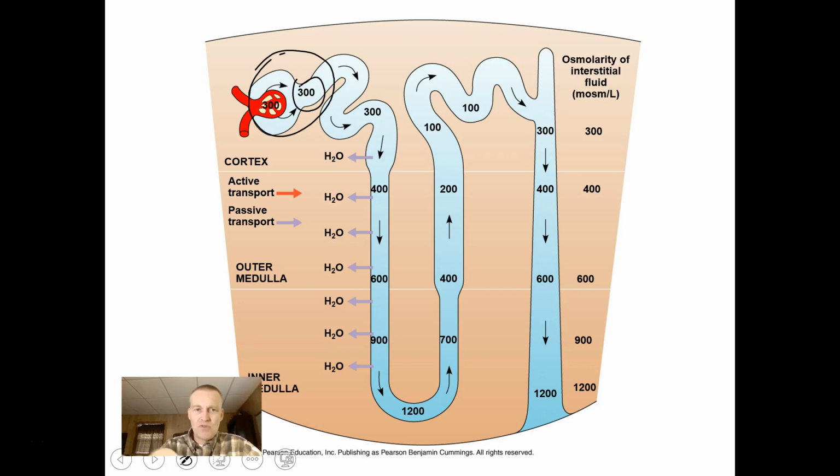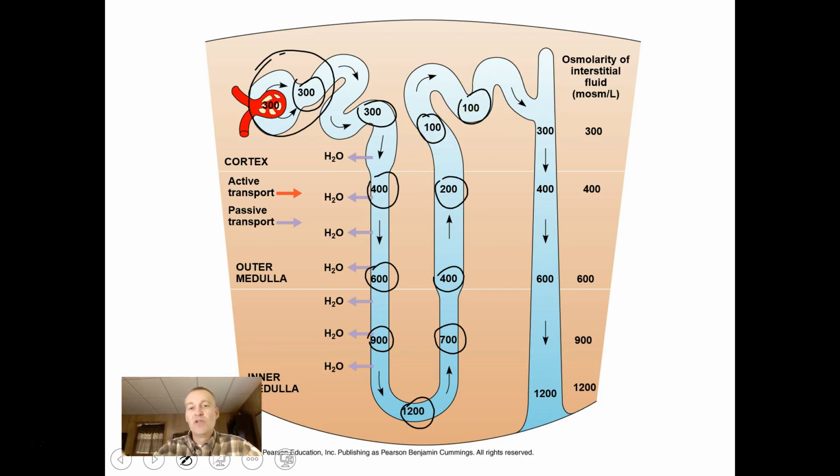So if you look at the filtrate as it goes through, it maintains about 300 units. And then as water's pulled out, you can see the osmolarity increases. So the solute concentration increases as more and more water's pulled out. Now that solute concentration decreases because we're pulling salts out. Okay, then it gets to about 100.